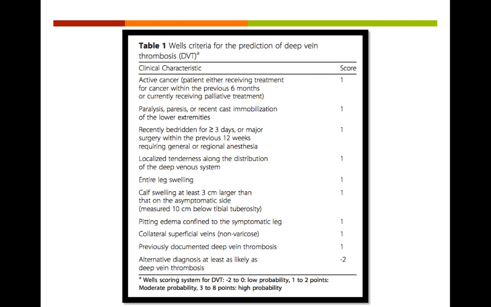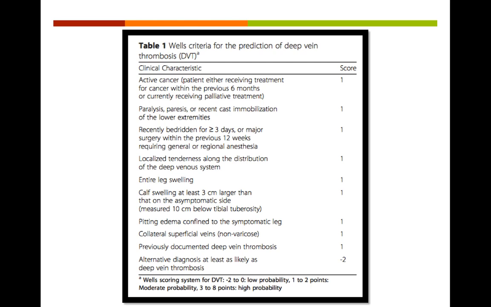And then it is said that Wells was able to detect with a specificity of 90, which is meaning that they are able to exclude 90% of the people that don't have DVTs.